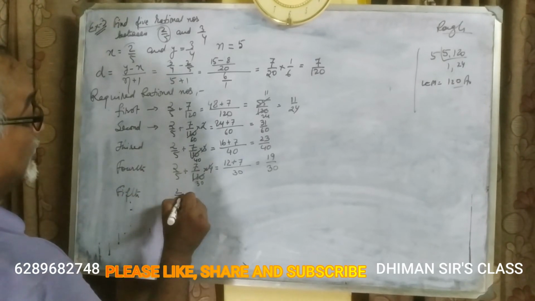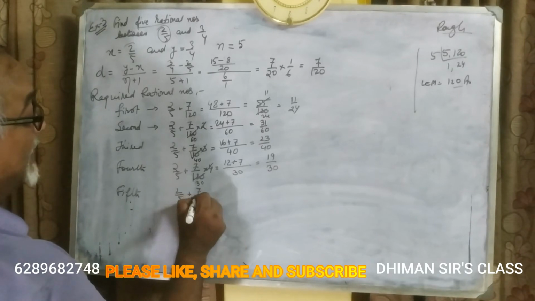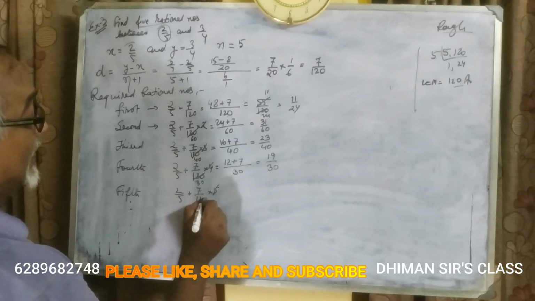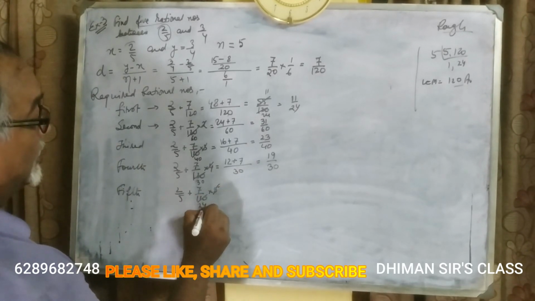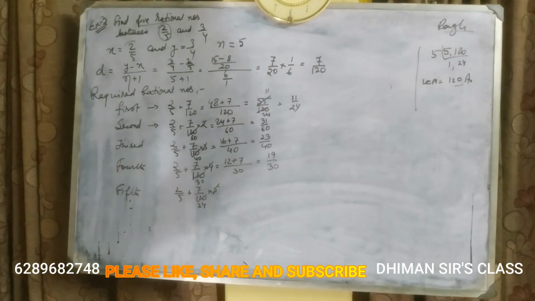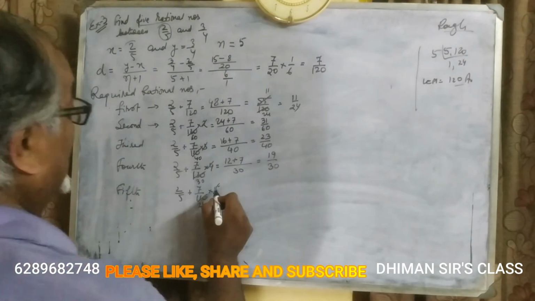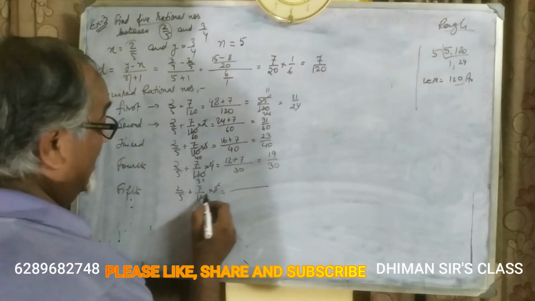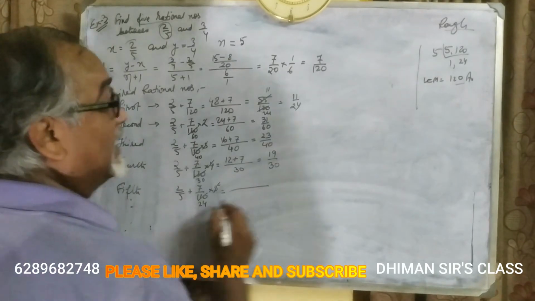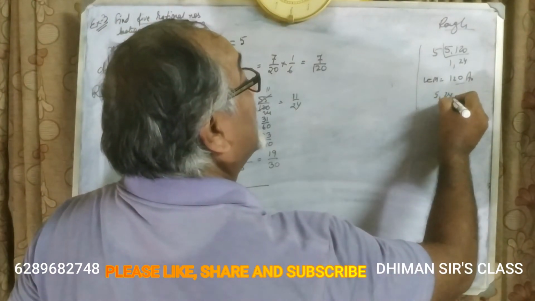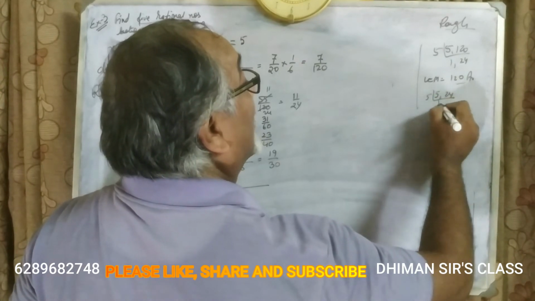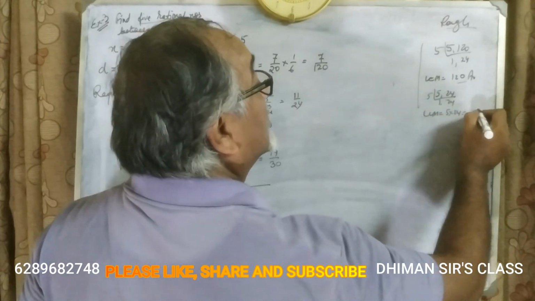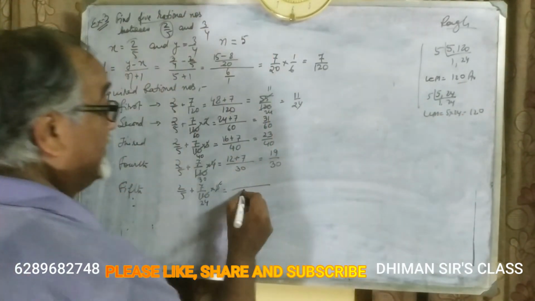Then the fifth one, 2 by 5 plus 7 by 120 into 5. Now here again you students see it will be 120 LCM. 5 and 24, LCM will be 5 into 24, 120.